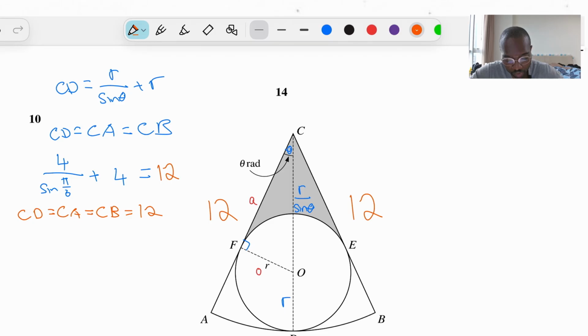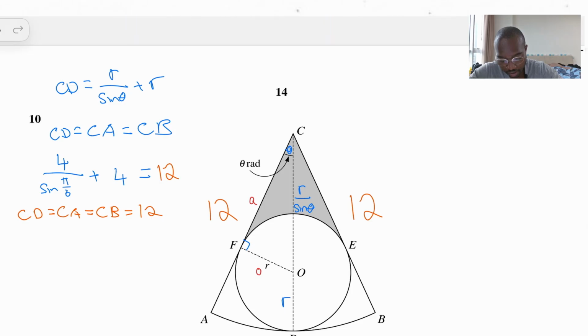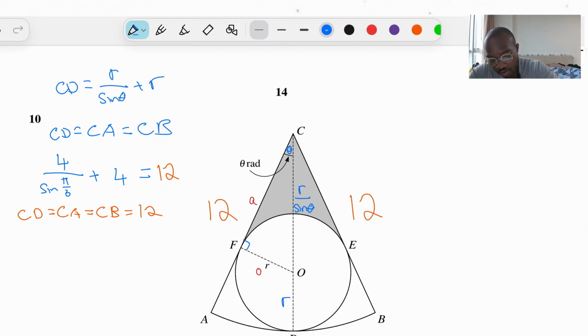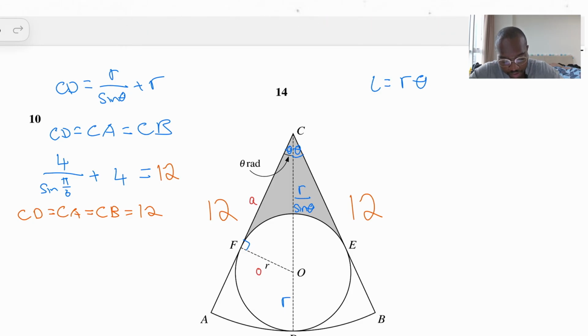All we now need to do is work out the arc length. We need to work this arc length out. We know that the arc length L is equal to R theta. This angle is also going to be theta, since it's right in the middle, which means that in this case it's going to be 2 theta. We know what R is because we just worked that out.